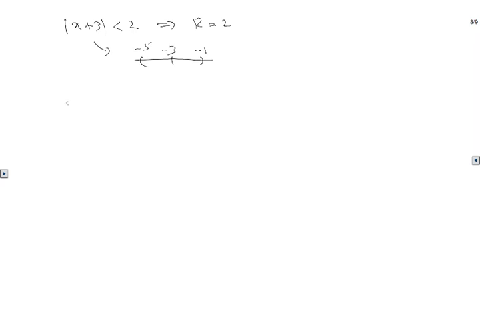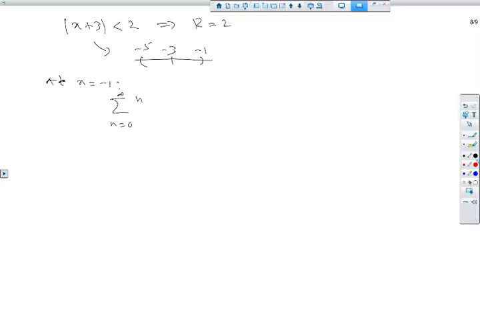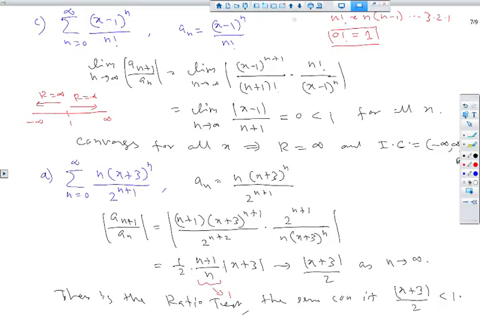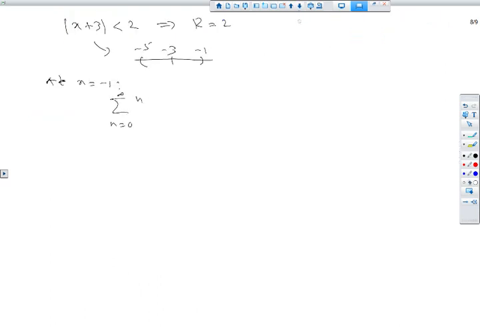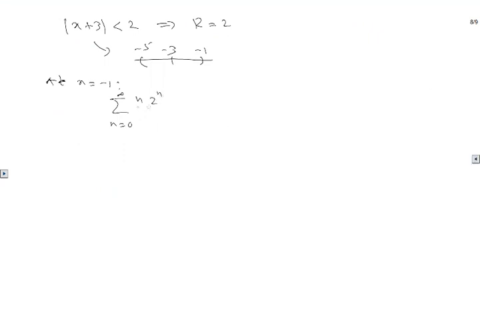So at x equal -1, we get the series n going from 0 to infinity of n. When you plug in -1 in the original series, you get 2, so you get n times 2 to the n over 2 to the n plus 1.